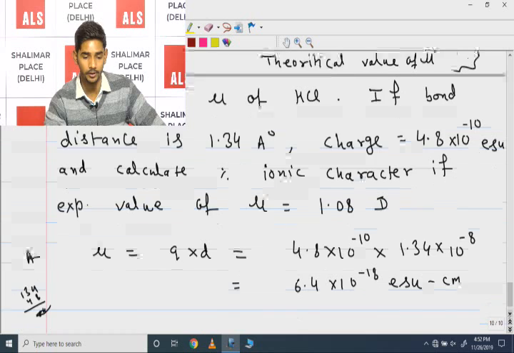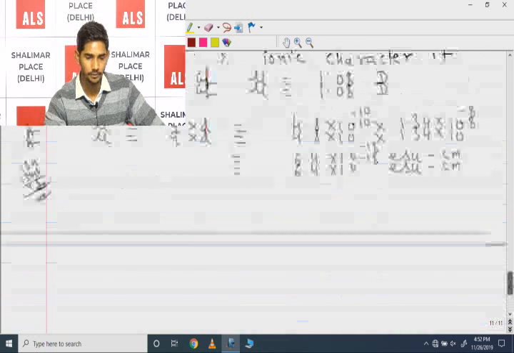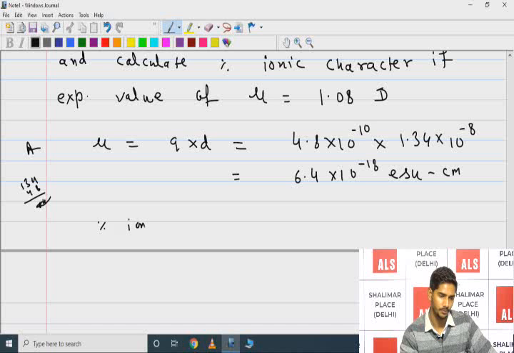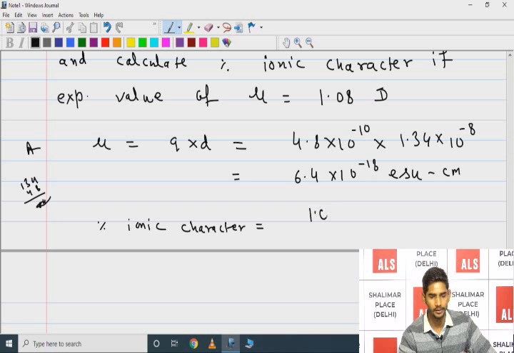Experimental is given to us. So the first part has been completed. Now let's check out the second part, percentage ionic character. This is experimental upon theoretical. Experimental is 1.08 Debye. Convert this Debye into ESU centimeter.